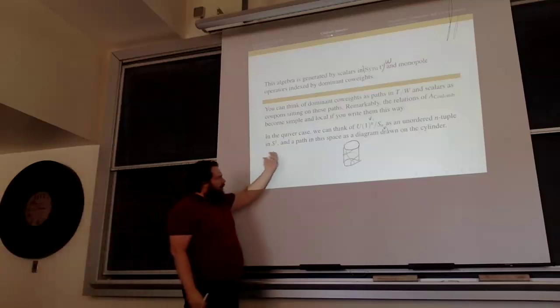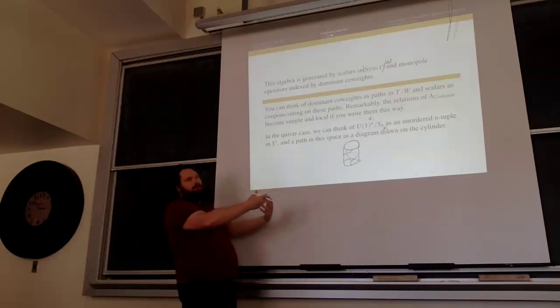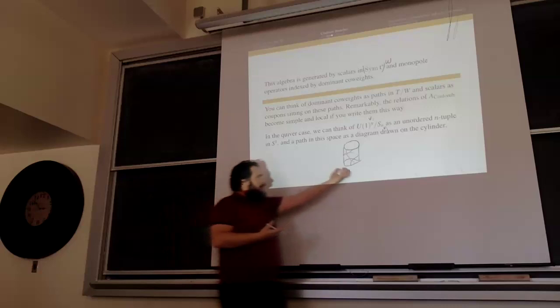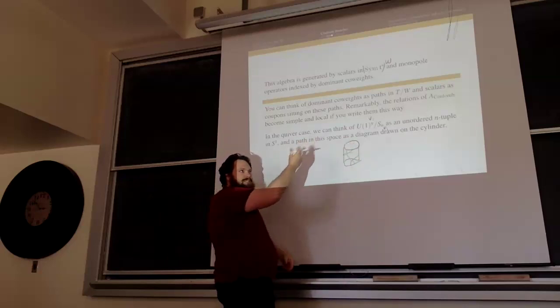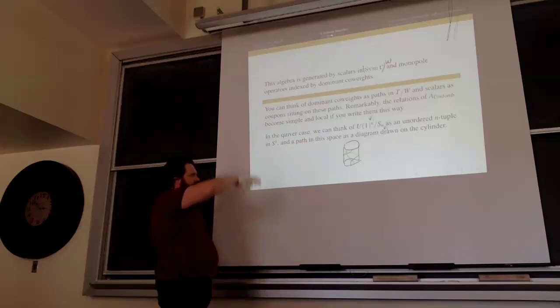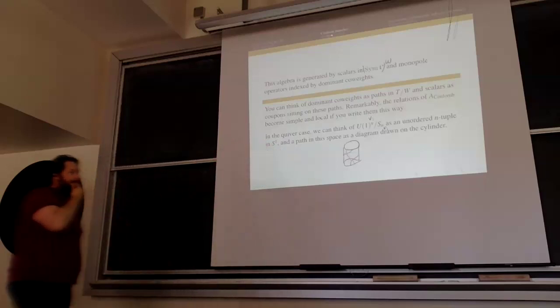So how do I think about a path in unordered N-tuples on S1? Well, I draw a kind of movie where my points are moving around a cylinder. So I think of height as giving me time, and then as time goes, my points move around the cylinder in some way.